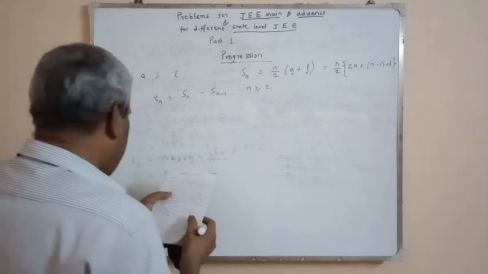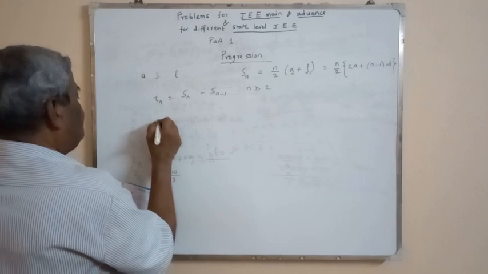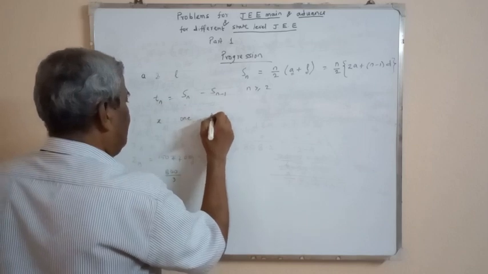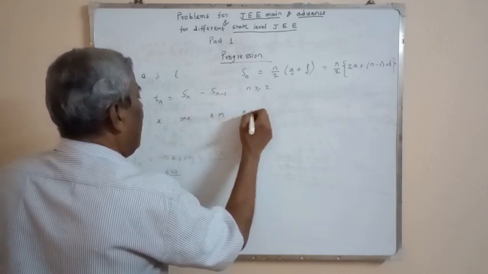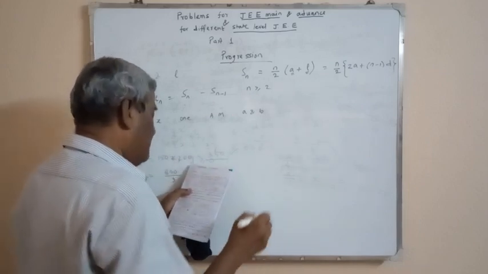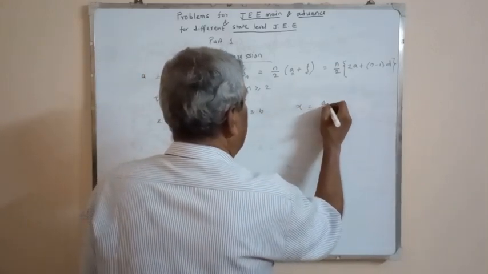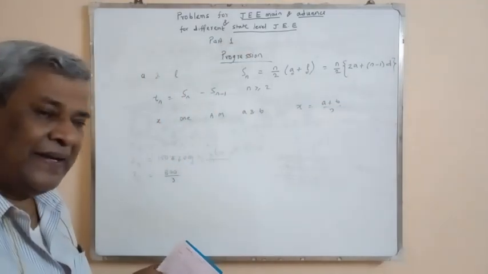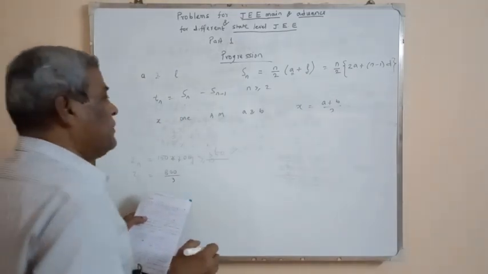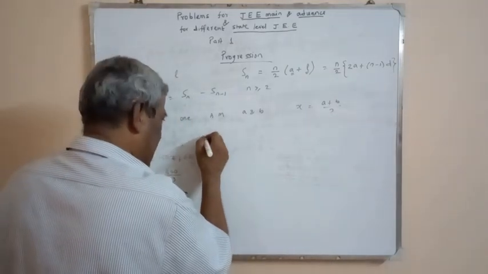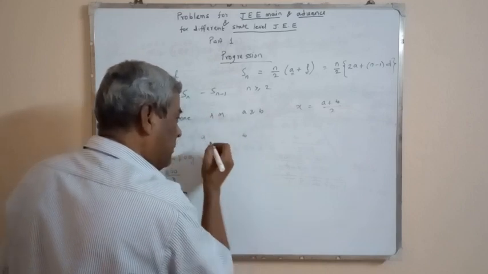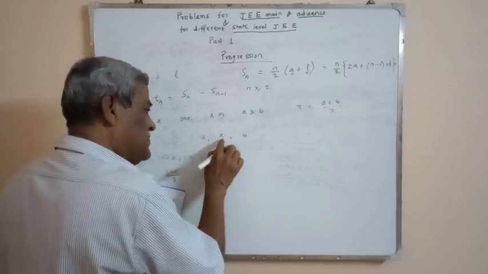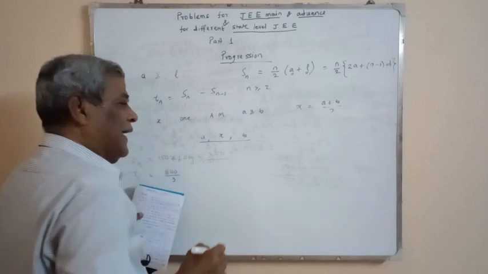So next, if x is 1 arithmetic mean between a and b, then x is equal to a plus b divided by 2. Arithmetic mean, I think you know it. Actually, if between a and b one arithmetic mean x is introduced, then these three, a, x and b, will form an AP.